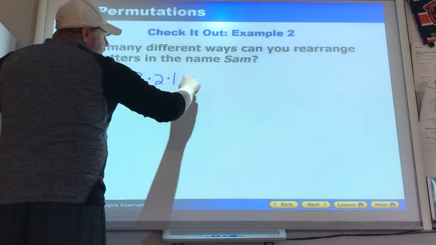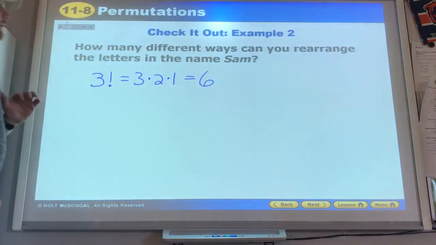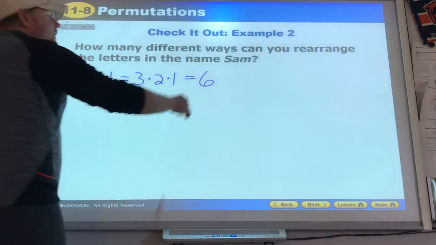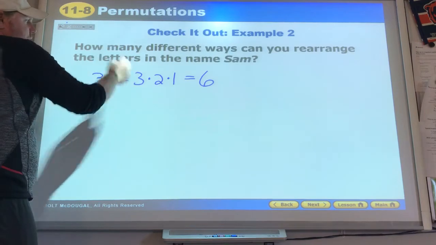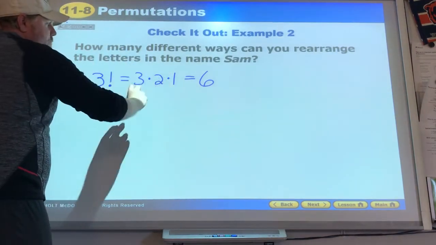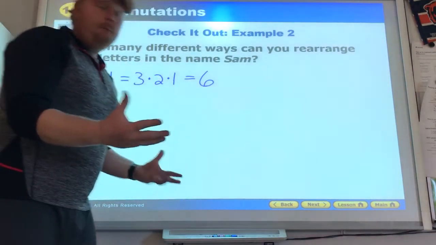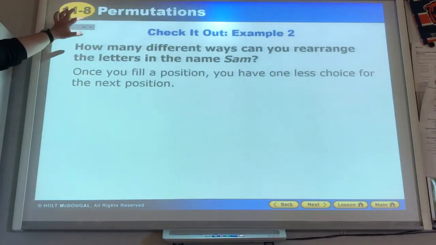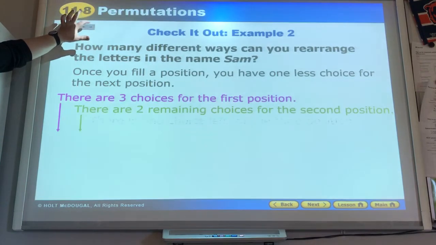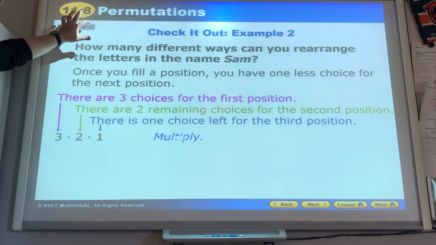So there are going to be 6 possible ways. I had 3 items to choose from, so 3 factorial, which means 3 times 2 times 1, and I get my number of possibilities. We multiply those out and we get 6.